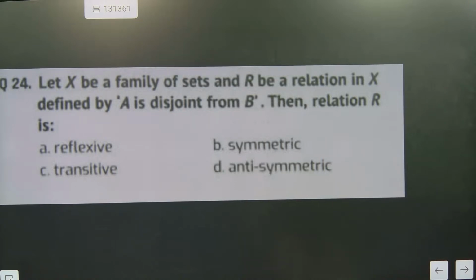Did you solve that question, beta? What is the correct answer here?